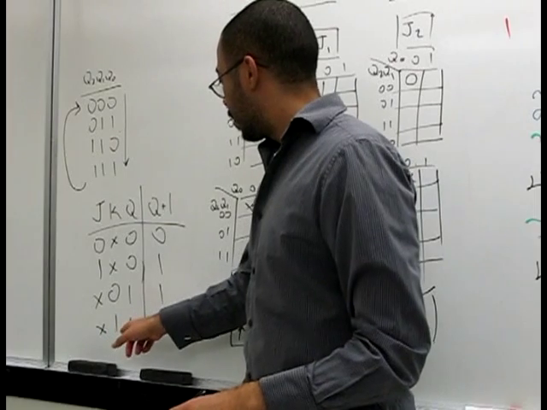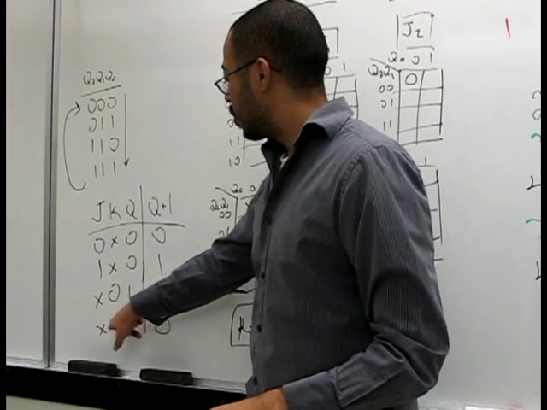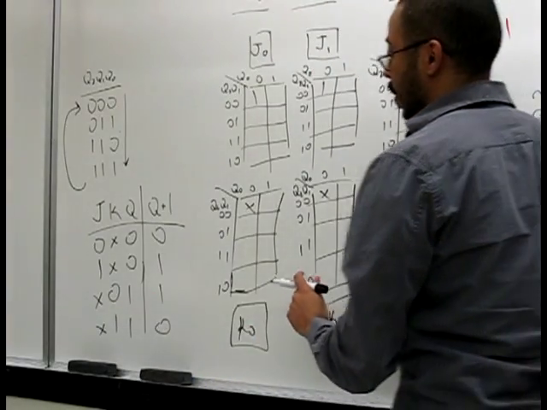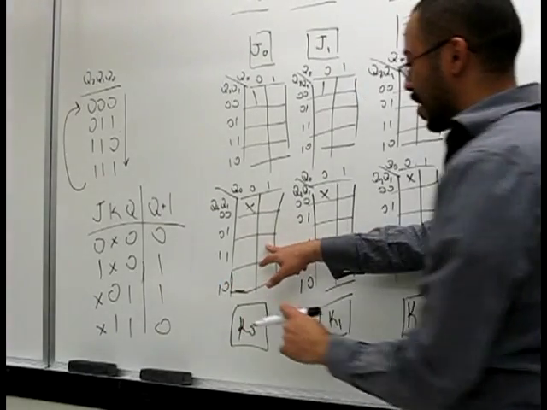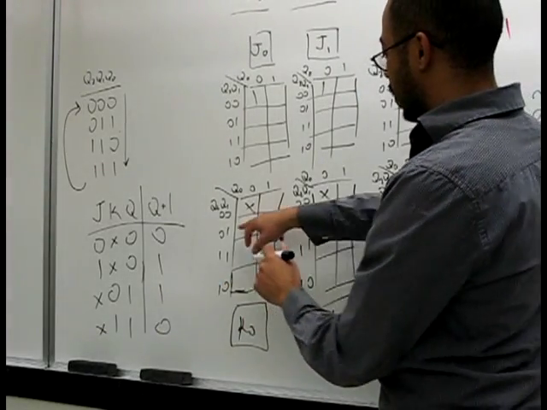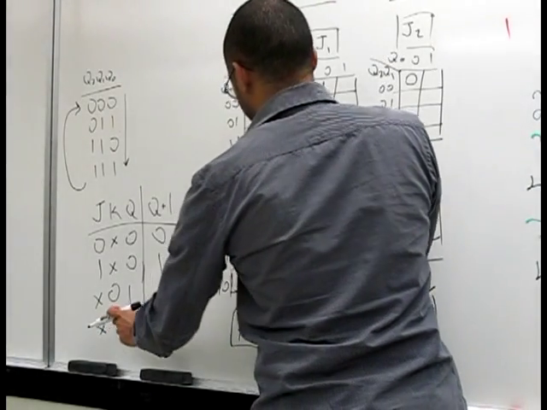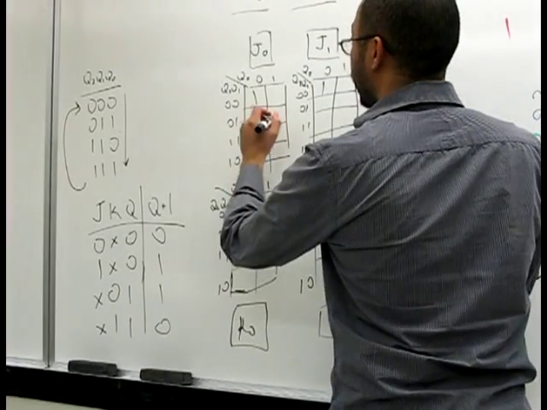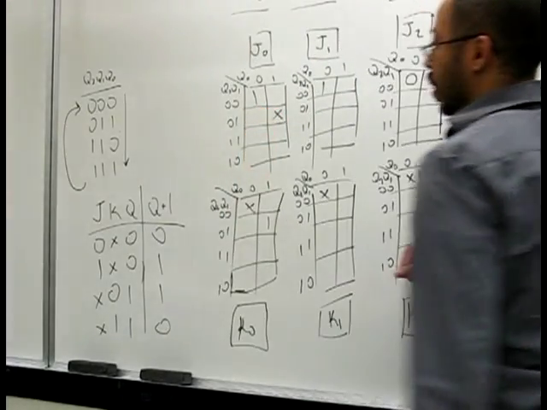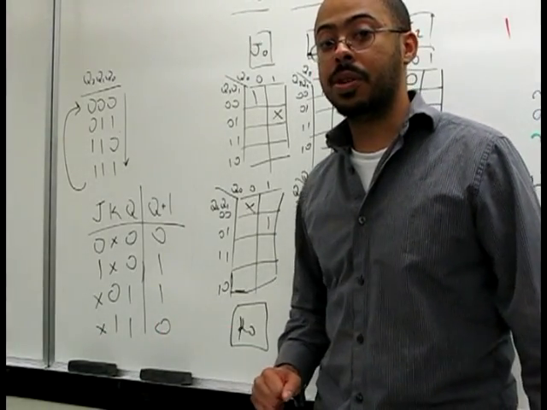Q was a 1 before the pulse, Q is a 0 after, K is 1, J doesn't care. X doesn't care. Alright, so we were at 0, 1, 1. J doesn't care. K is 1. So we're going to put that here, and an X for J, because that'll get us from a 1 to a 0 transition.